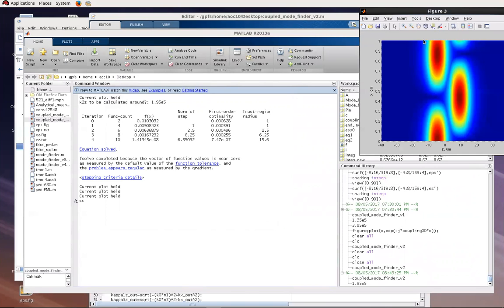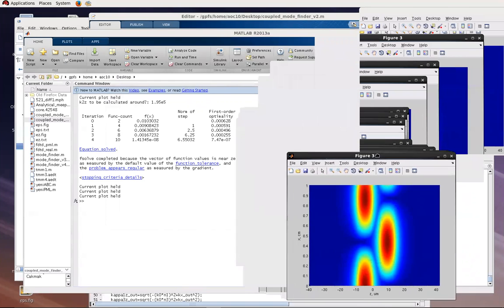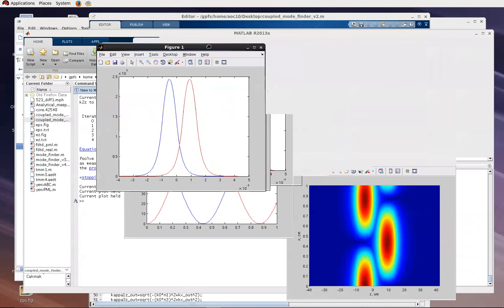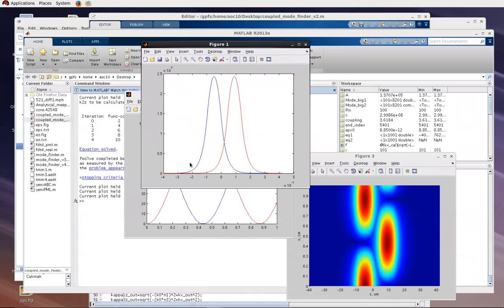Okay, so this gave us everything together. Let's look. All right, so now we're seeing the modes. This was our original mode, in terms of meters, of course. The original mode was the blue one, and these are the unperturbed modes on both sides.